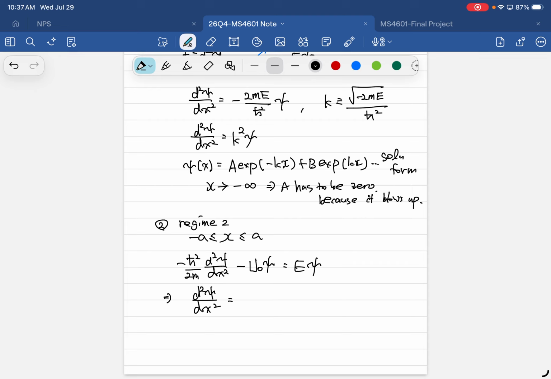That means it's now minus 2m (E plus u naught) over h bar square, times psi. Okay, I'm moving this term to the right hand side, E plus u naught, and then this is what we get.